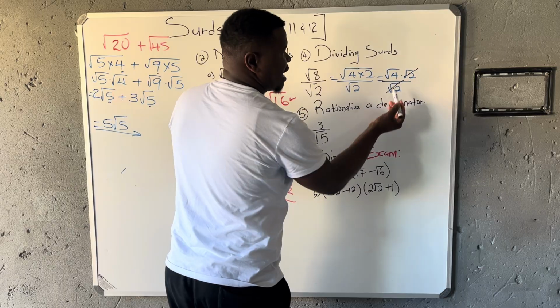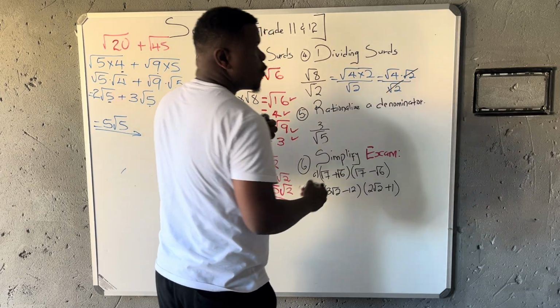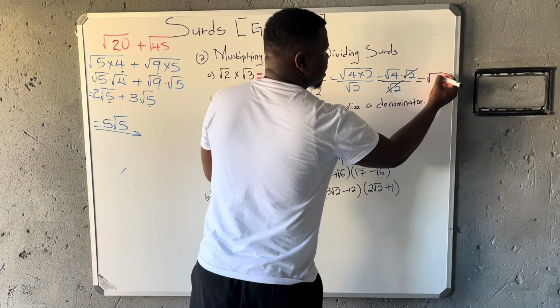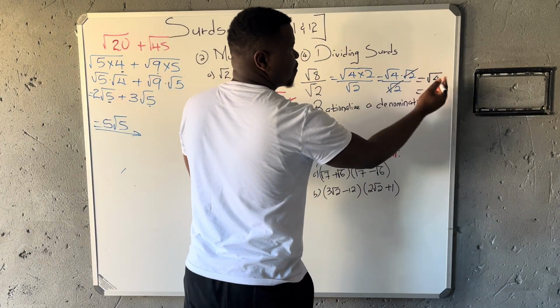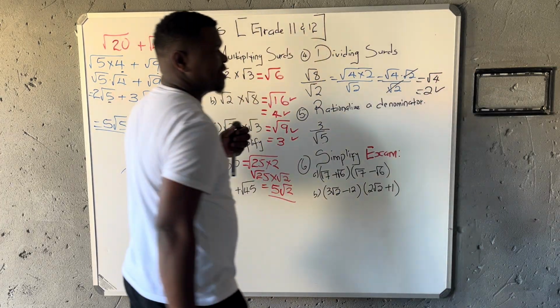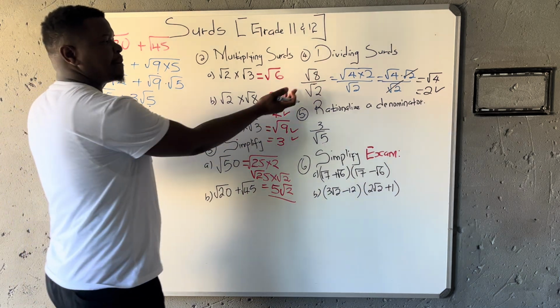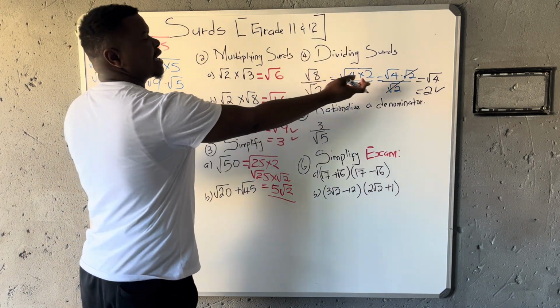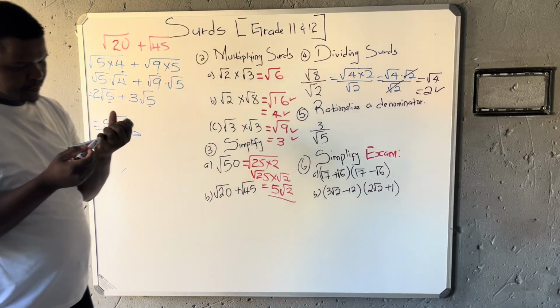These are similar. As long as there's a multiplication between, we can cancel what is similar. What does this mean? I'm left with square root of 4. And what is square root of 4? It's 2. That is the answer. You can apply rationalising on this one. You're still going to get the same answer.